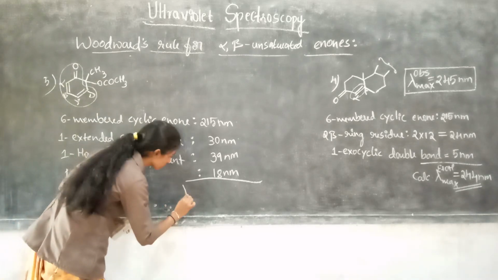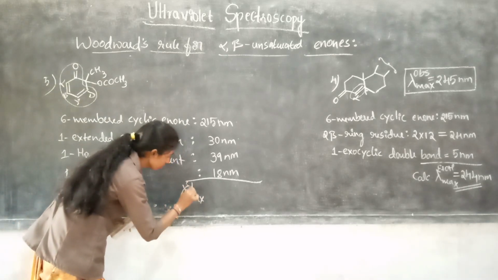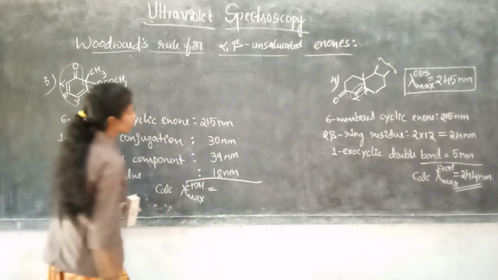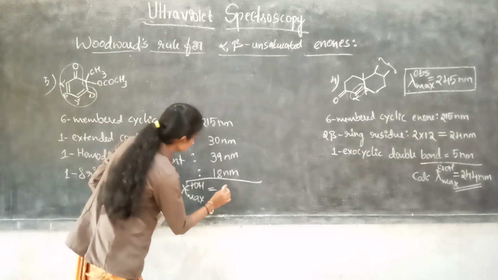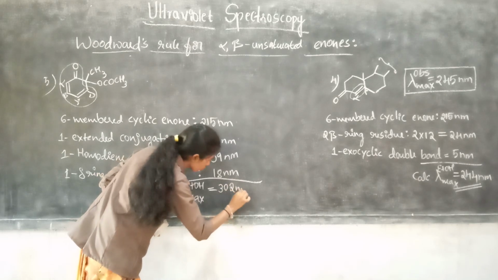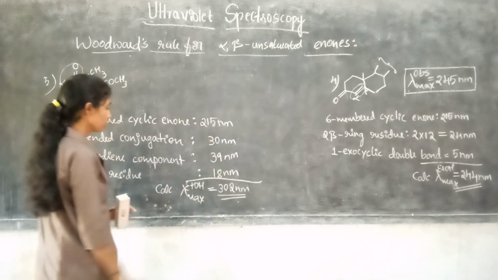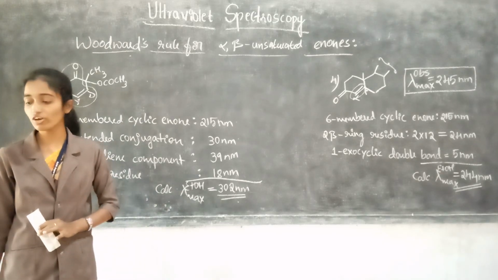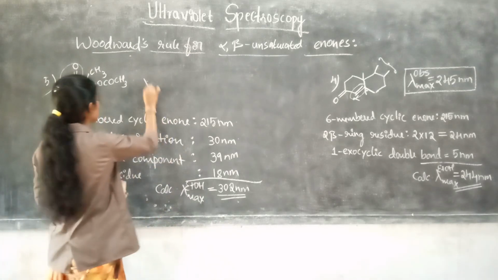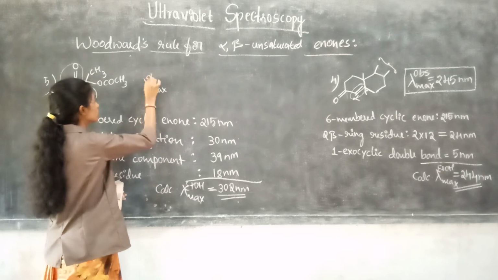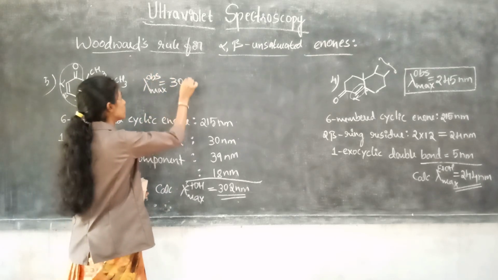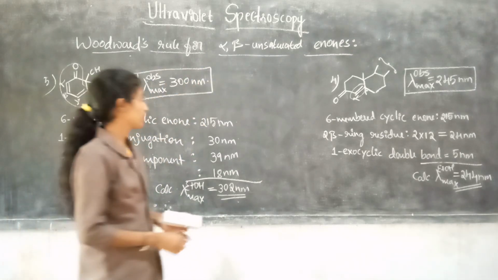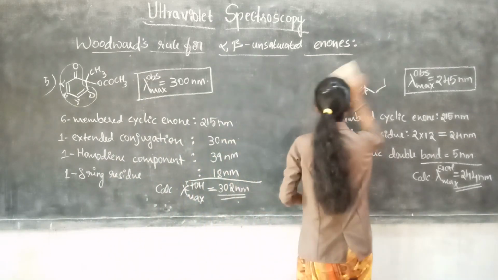The total lambda max, absorption maxima in ethanol, is calculated as 302 nanometer, whereas it is observed at 300 nanometer.